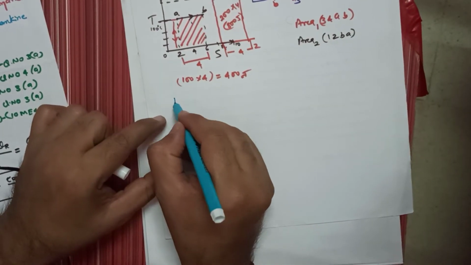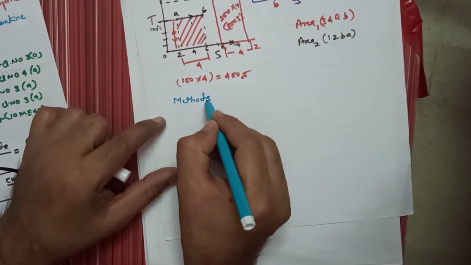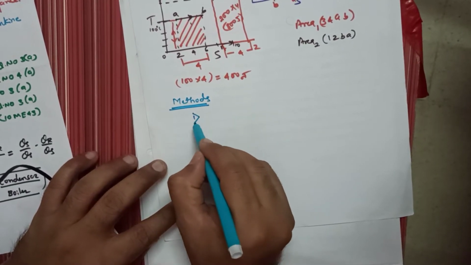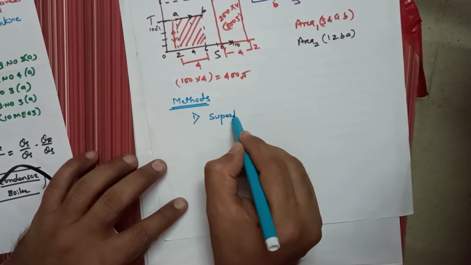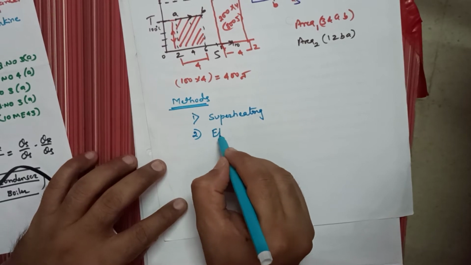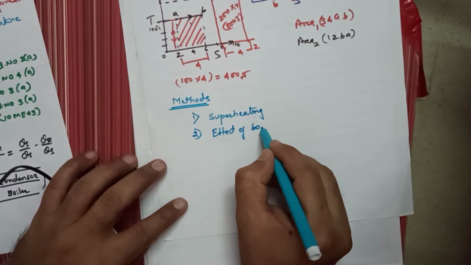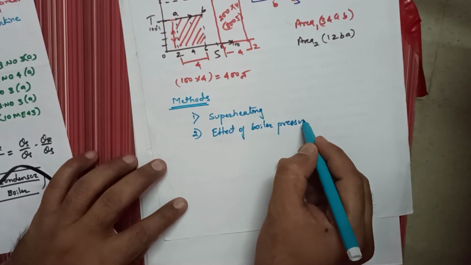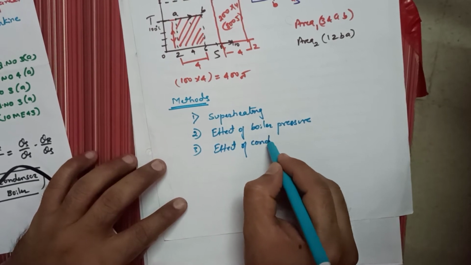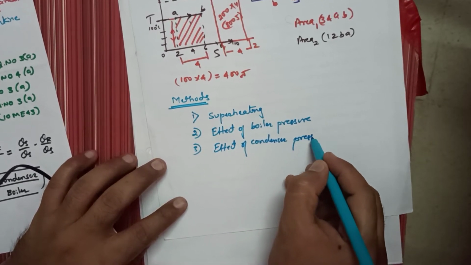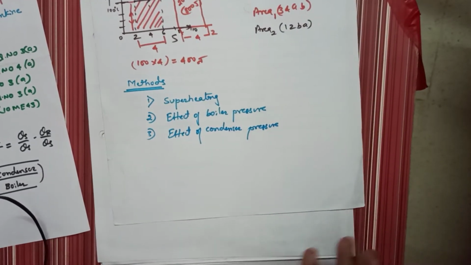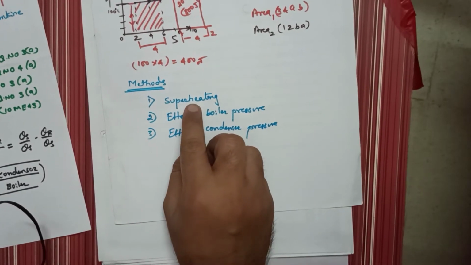So these are the three methods used for increasing the performance: first one is superheating, second one is the effect of boiler pressure, and third one is the effect of condenser pressure. Very important question for 12 marks or 10 marks or 8 marks. Very important question. So first we will discuss superheat.